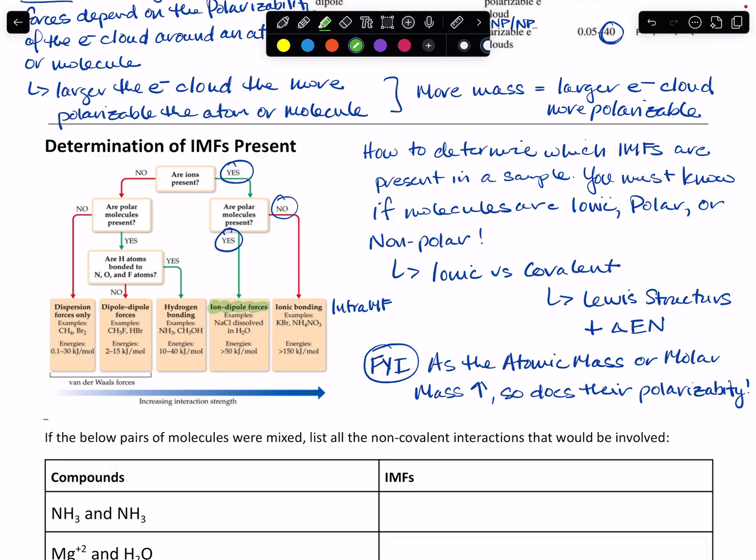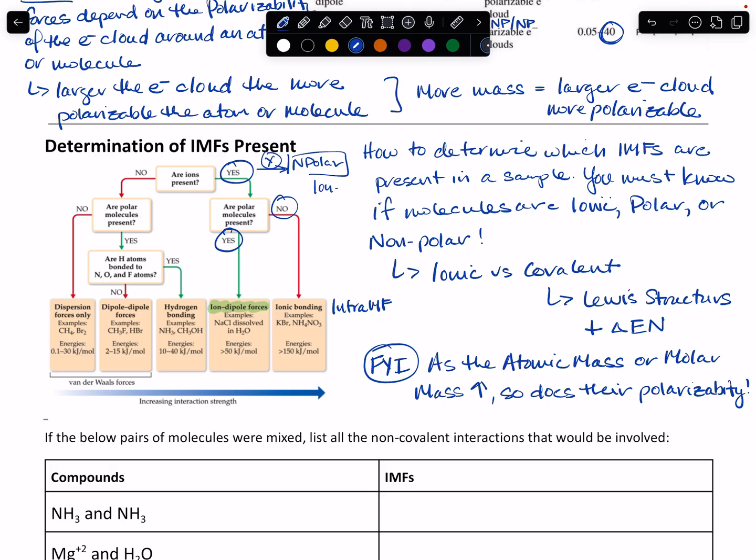Now, on the other side are the other options. No ions are present. Although I should say that there's one that's not here. Non-polar. So if the answer is, are there non-polar molecules? Yes.